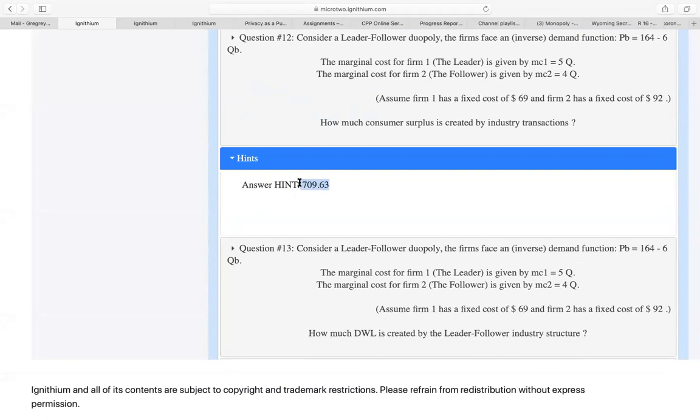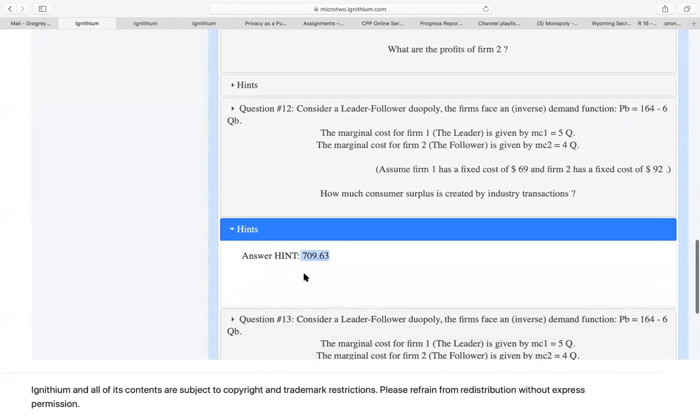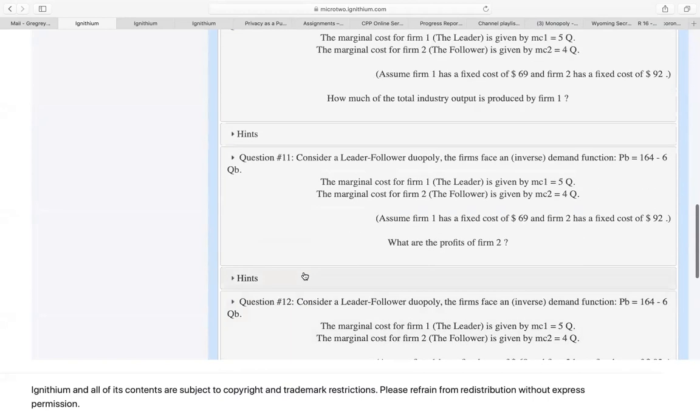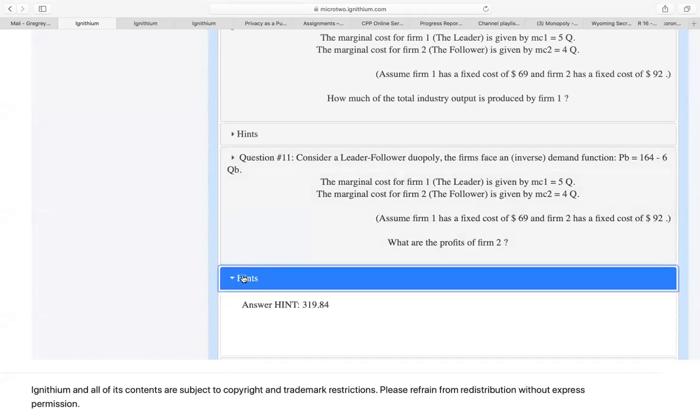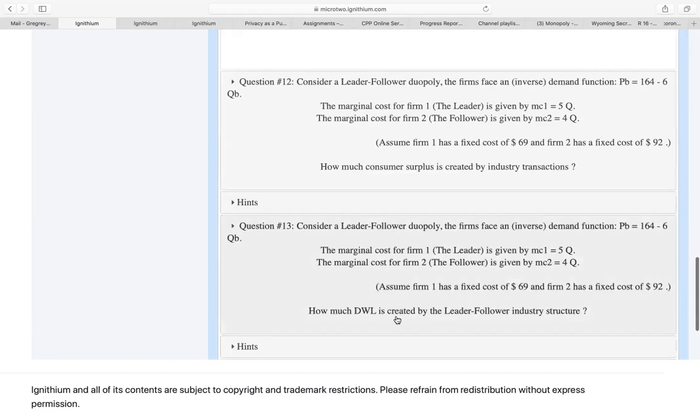Does everybody agree? Yes. Okay. And what are the profits for firm 2? That's close enough. Does everybody agree? For our profit folks, Michael left. You agree on Twee? Yep, all good. Okay.